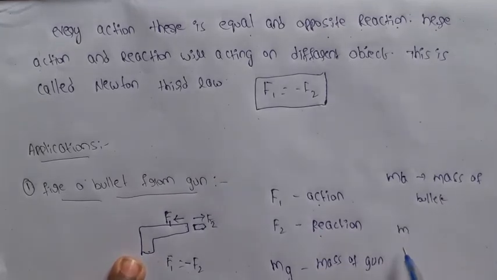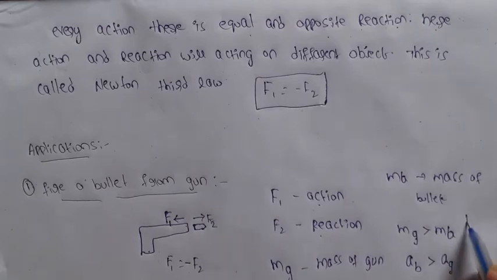So mg is greater than mb. The mass of the gun is greater than the mass of the bullet. So the acceleration of the bullet is greater than the acceleration of the gun.